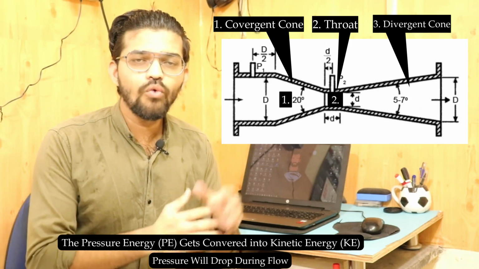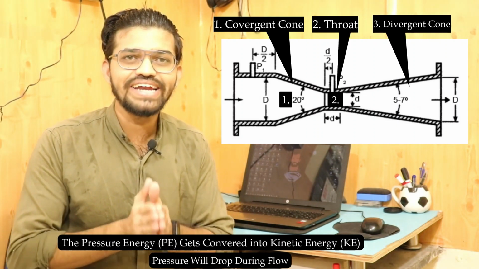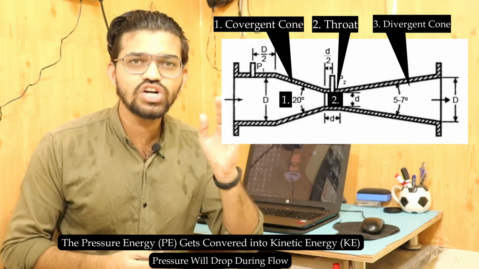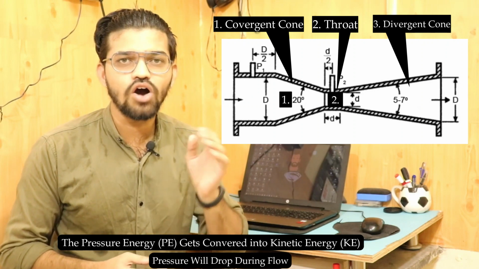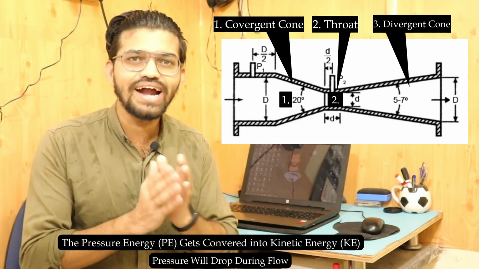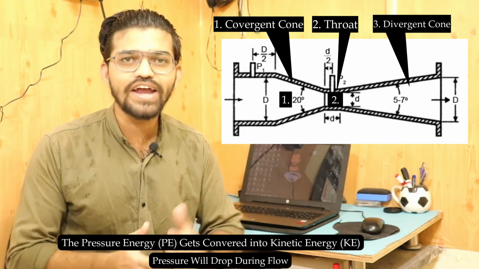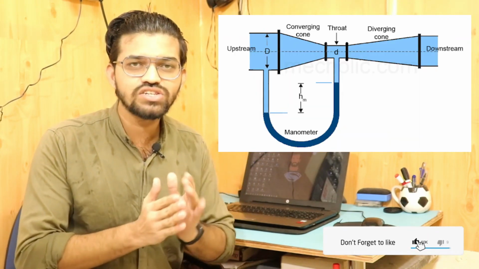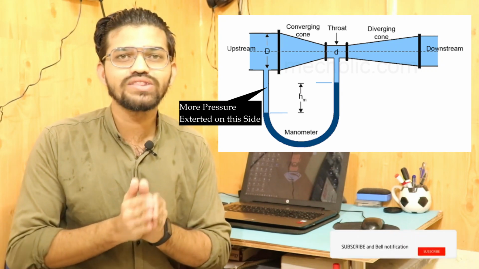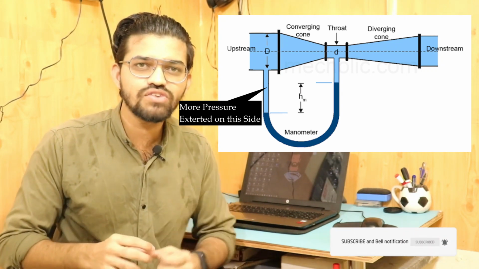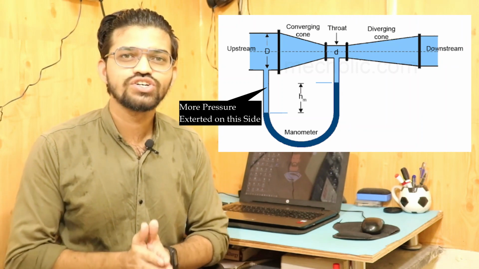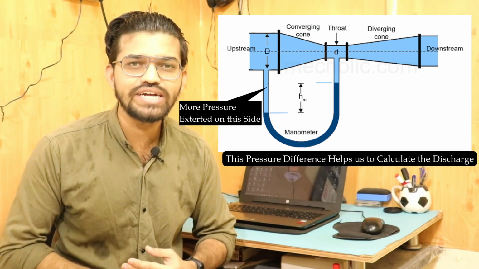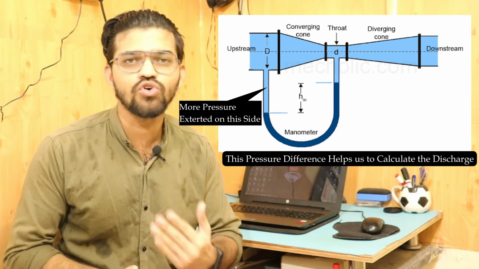If we apply pressure taps on these two sections, section 1 and section 2, and connect a U-tube manometer between them, the pressure at section 1 will be more than that at section 2. This is the reason we get the height h. This pressure difference helps us to calculate the discharge, to measure the volumetric flow rate.